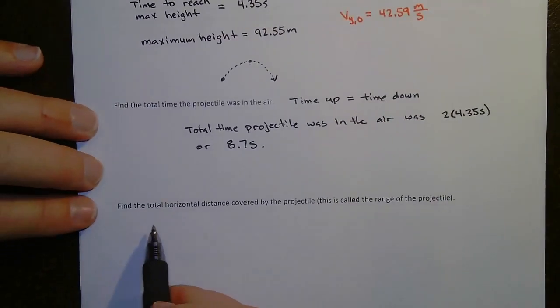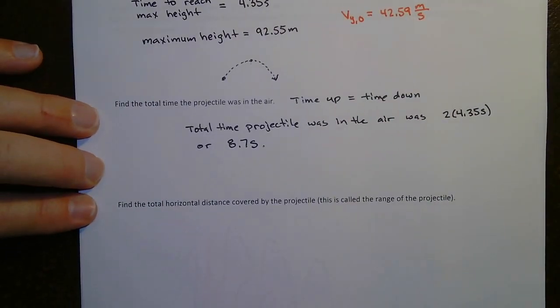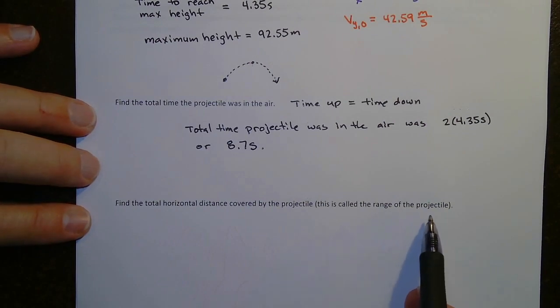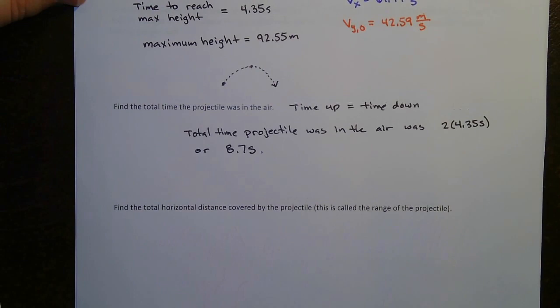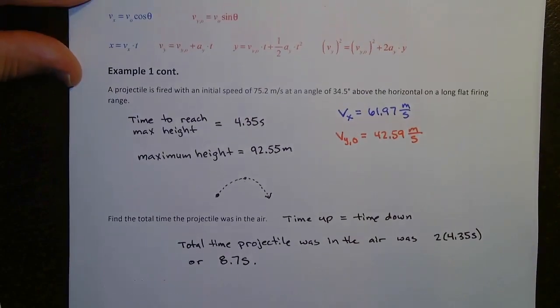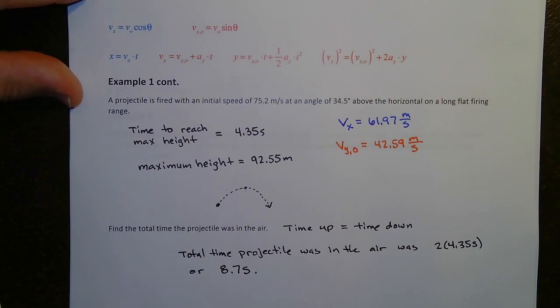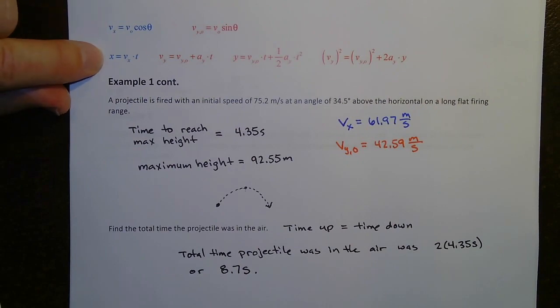So here we go, find the total horizontal distance covered by the projectile. And this is called the range of the projectile, okay? So up here at the very top, we have V sub x. We have x is equal to V sub x, the velocity, times how long it was going at that velocity.